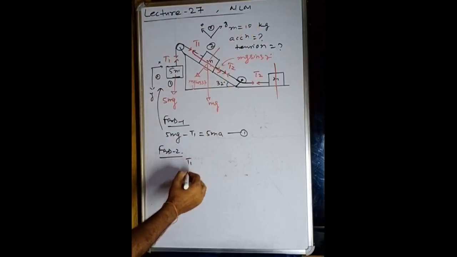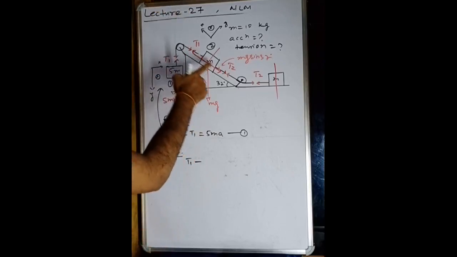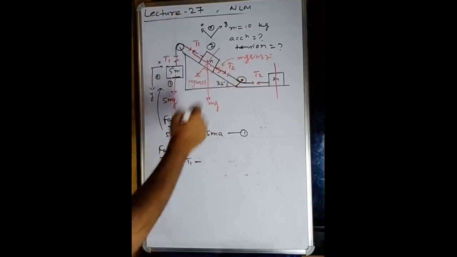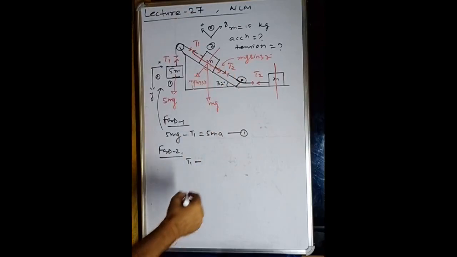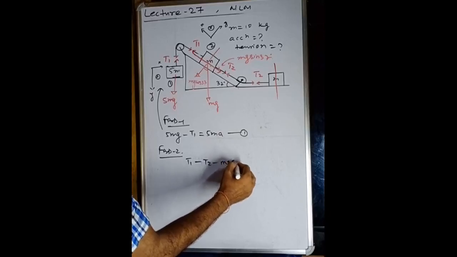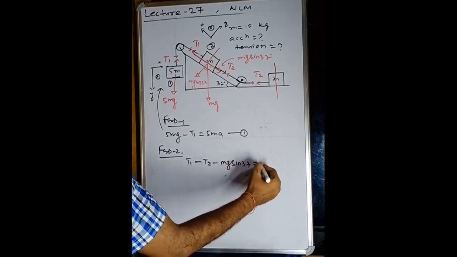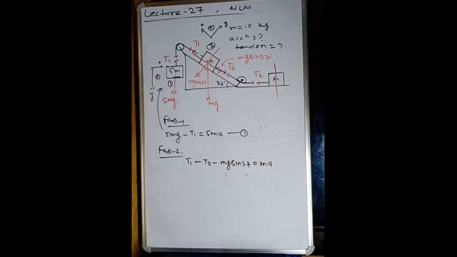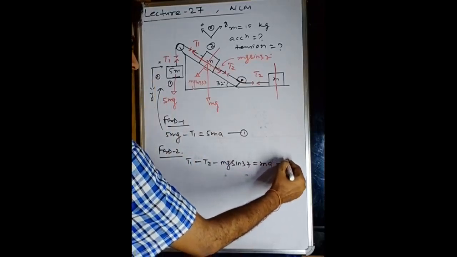So T1 is the positive force, minus two forces in downward direction, one the T2 and the other mg sin 37. So it is T1 minus T2 minus mg sin 37 is equal to ma. Am I right? Yes, this is equation 2.